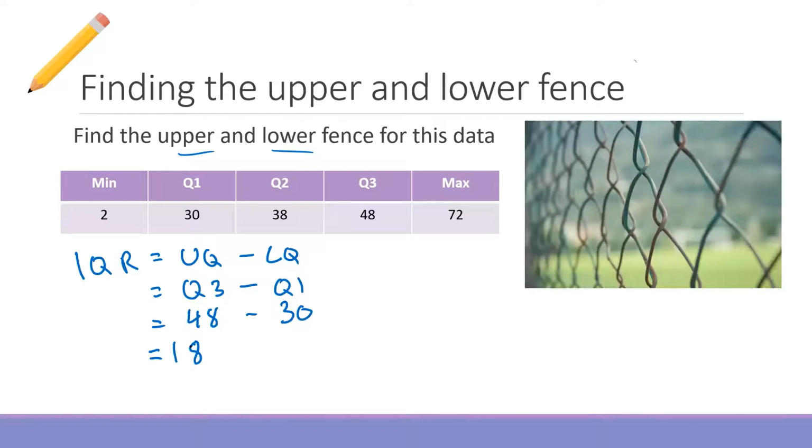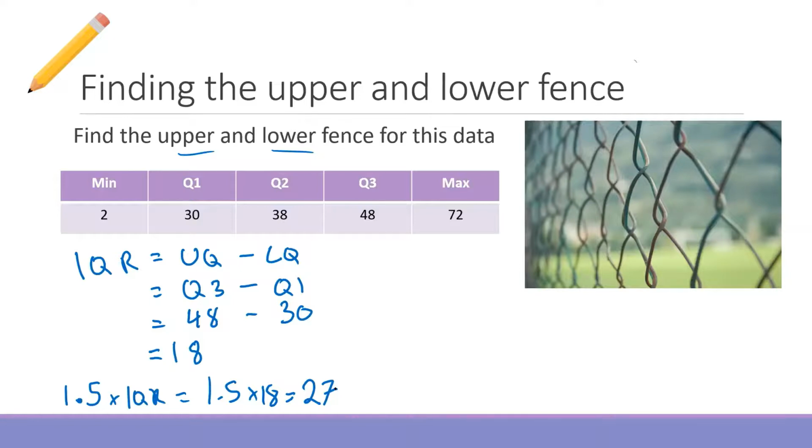So I'm going to do that at the bottom here. 1.5 times the interquartile range is equal to 1.5 times 18. 1.5 times 18 is equal to 27, I think, unless I made a mistake. Let me just double check. I'm right, I'm happy. So it is 27.